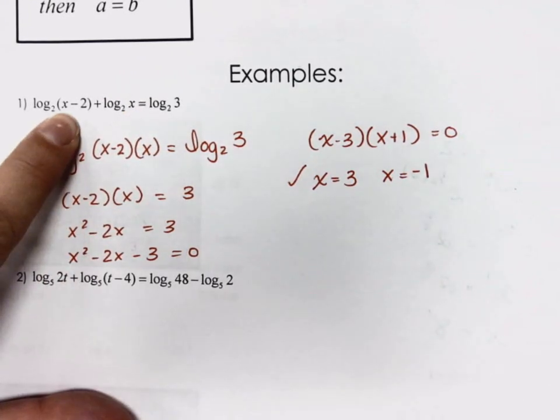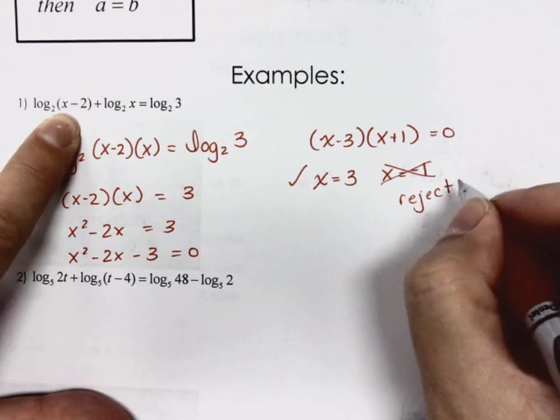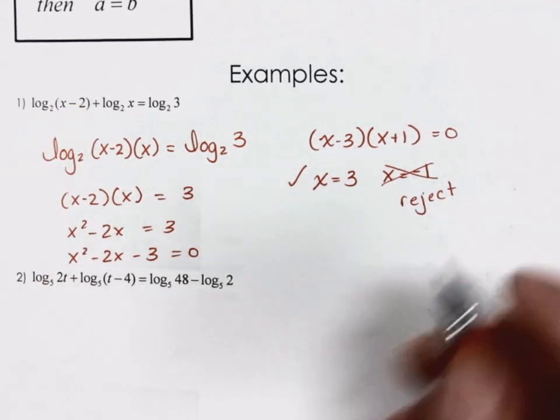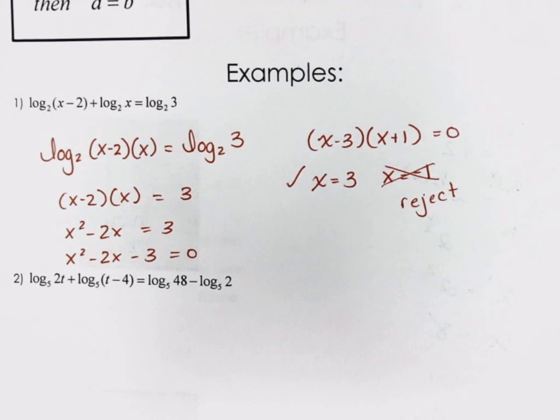If I put -1 in here, am I going to have a positive argument? No. So as soon as I find my first negative, I reject that answer. I don't have to check it in here. If I get a negative here, it's a no-go for the whole equation. I mean, you can check it in the next one. There's no problem with doing that, but you don't have to.